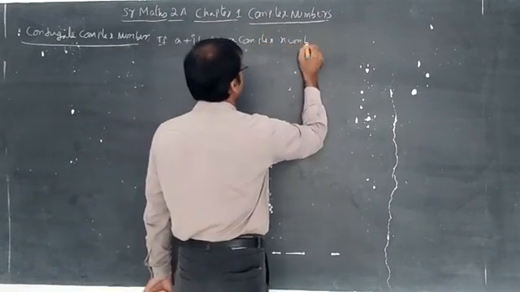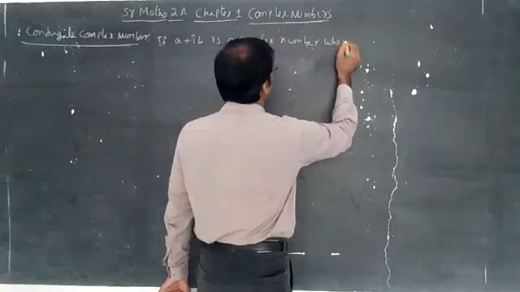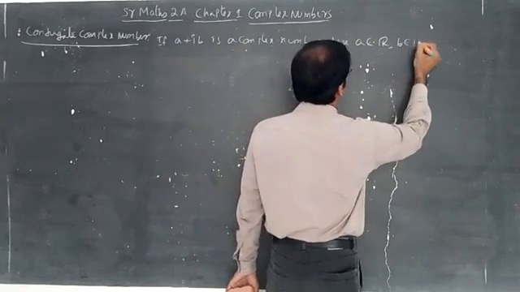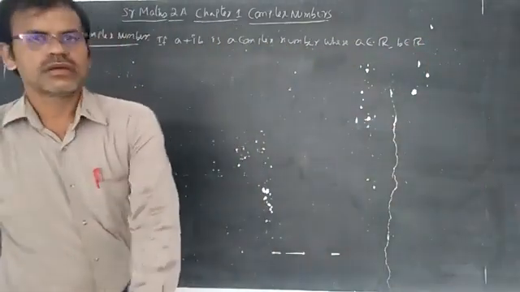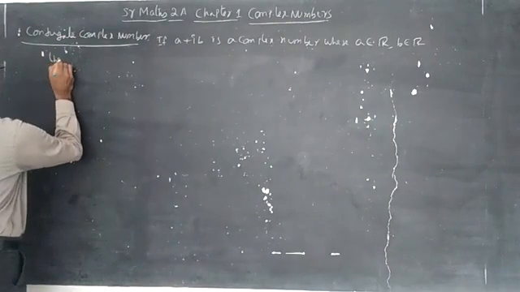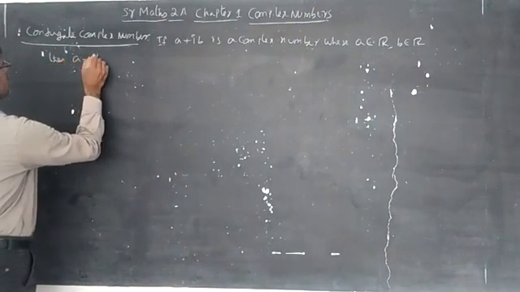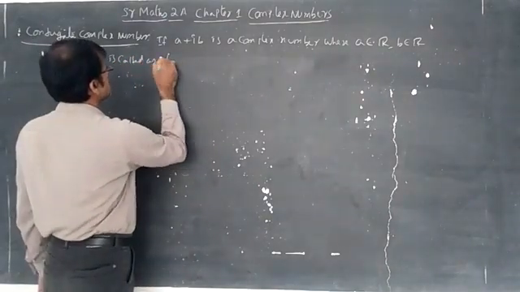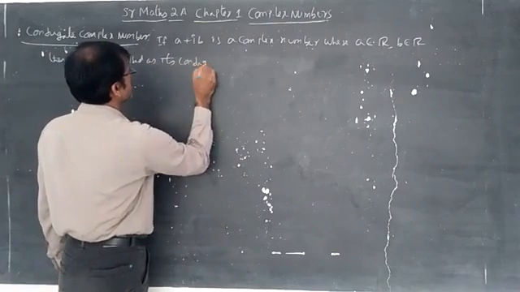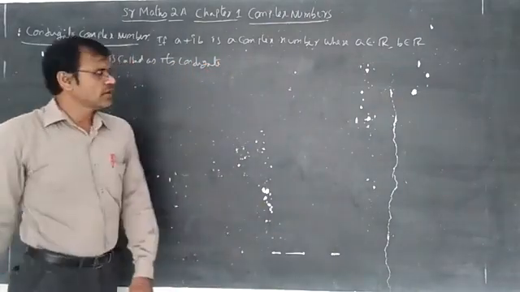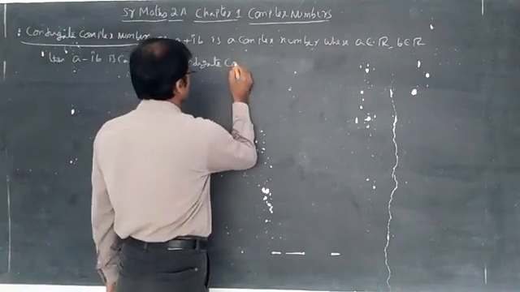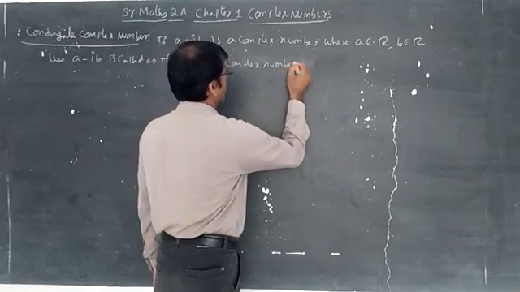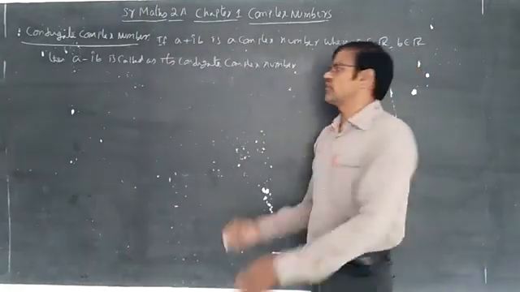If a plus ib is a complex number, where a belongs to R, b belongs to R, then a minus ib is called its conjugate complex number, and vice versa.